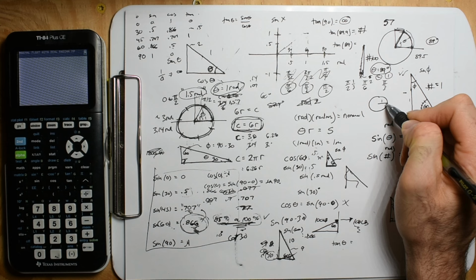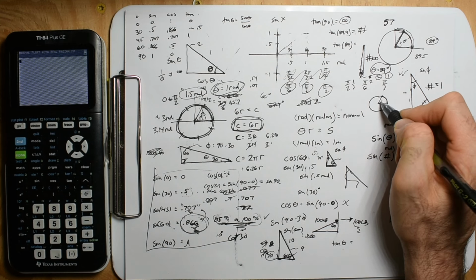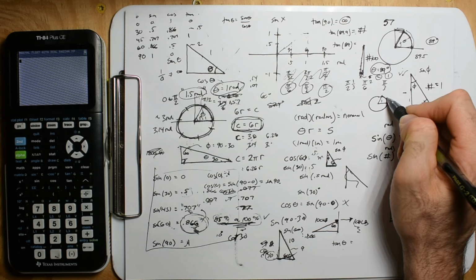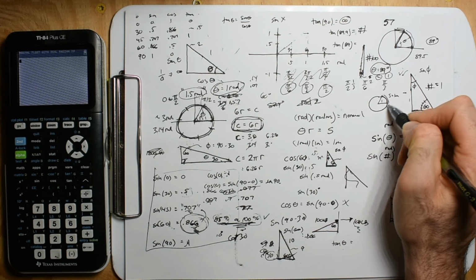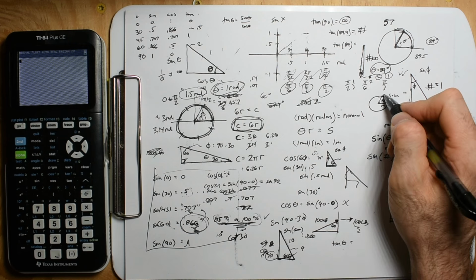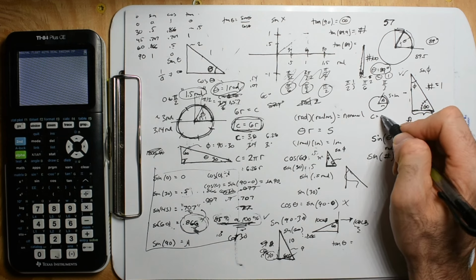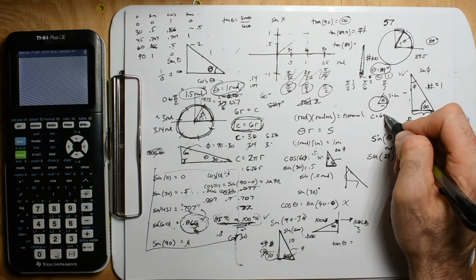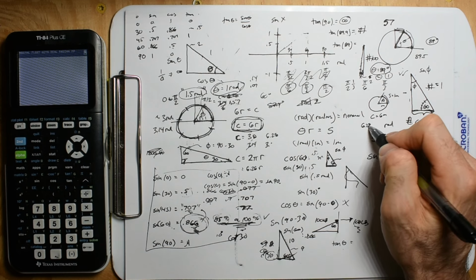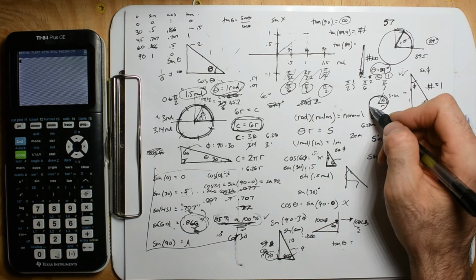So here's 1, and if our radius is 1 meter and we have an arc length of 1 meter, that's going to be theta. What's the circumference of this circle? It's about 6 times that radius, 6.28 meters. It's 2 pi meters for the circumference of the circle.